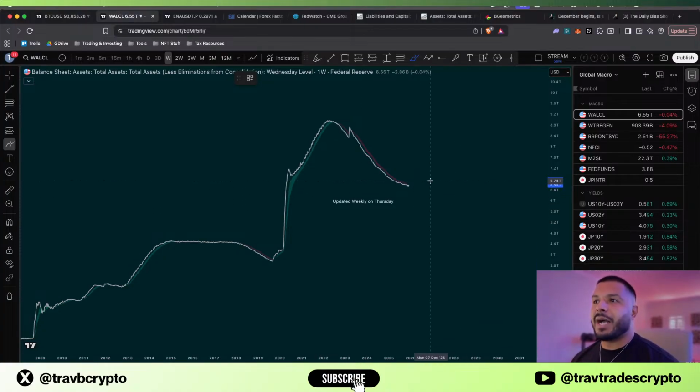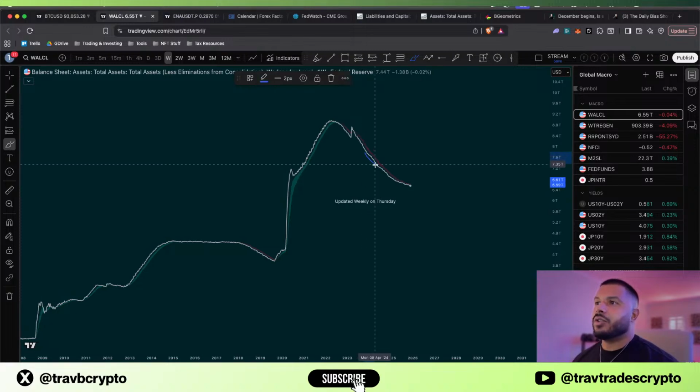Unless there's some other way for them to stimulate or print money by way of stealth, just ending QT, you'd expect that the balance sheet will stop declining and should flatten out, okay?